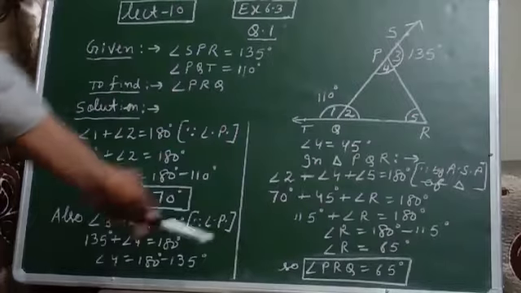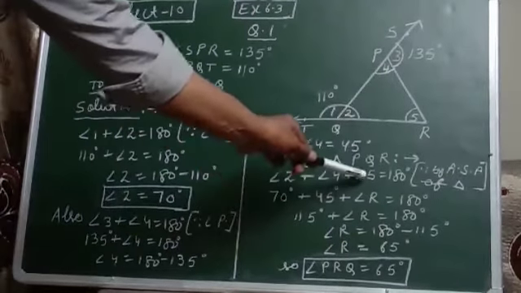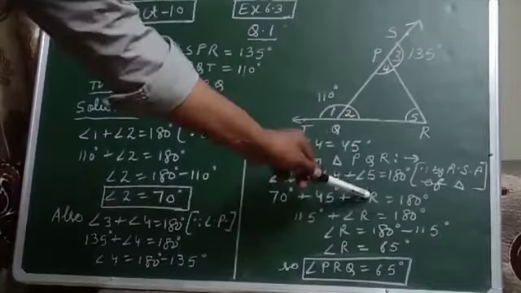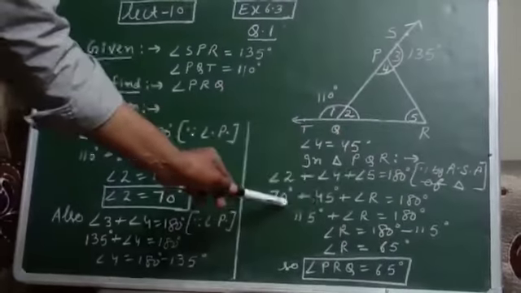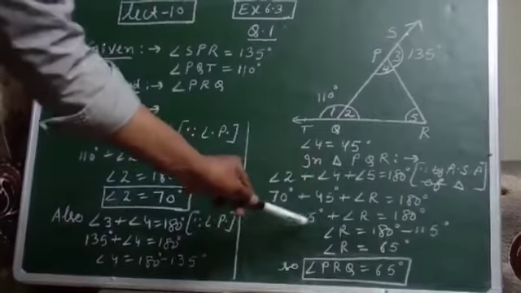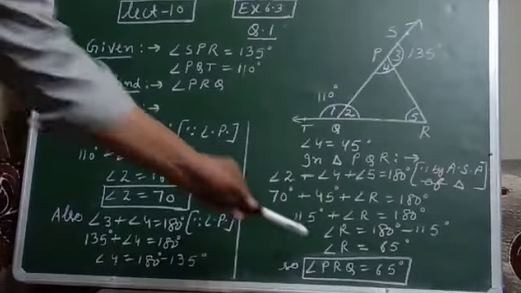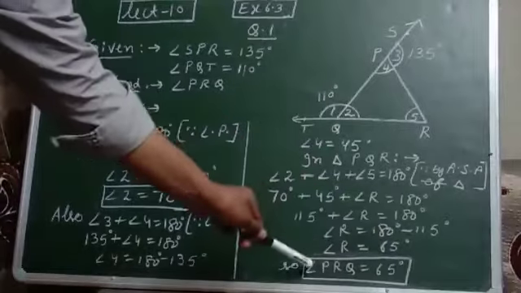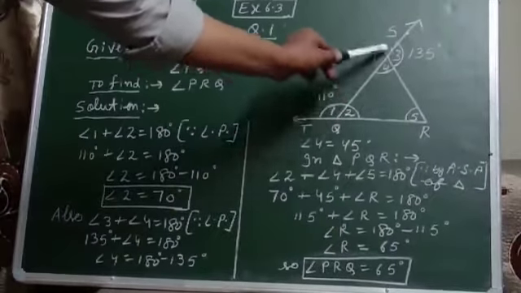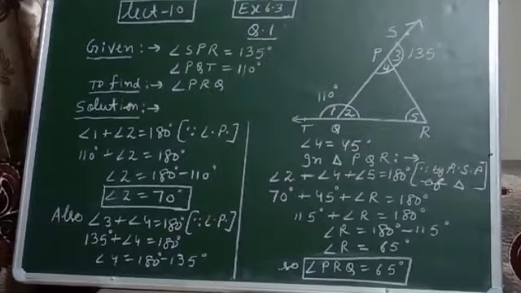In place of 2 we write 70, in place of 4 we write 45, and in place of 5 we write angle R. Adding these two, we get 115 plus angle R equals 180. This 115 becomes minus on the right-hand side, so the value of angle R will be 65. The complete name of this angle is PRQ, so the value of angle PRQ is 65.